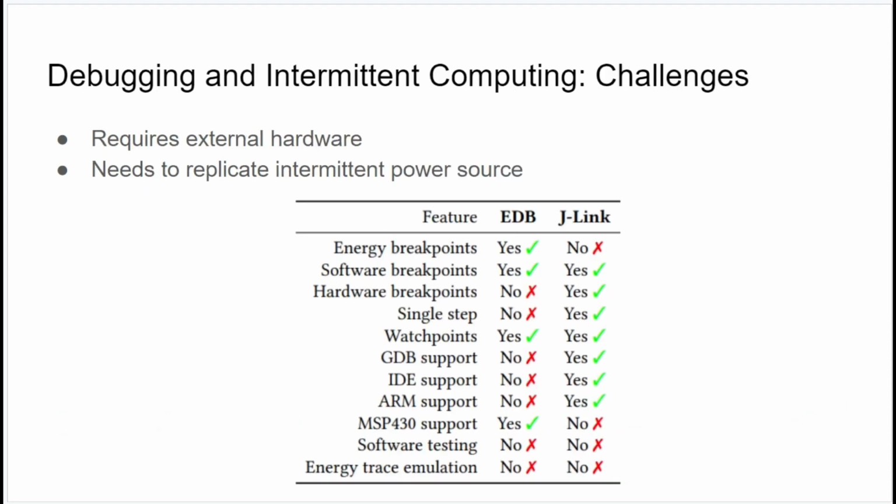Next, there are a couple of challenges which debuggers hope to solve, and this is what DIPS hopes to resolve. One thing is that it requires external hardware in order to do everything that is necessary. For example, an intermittent computing device does not have a stable power source.